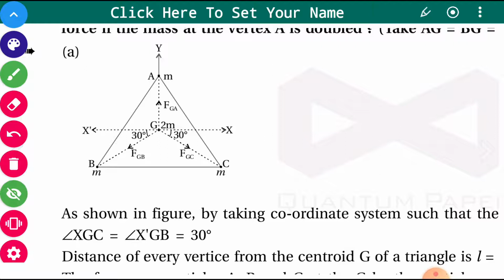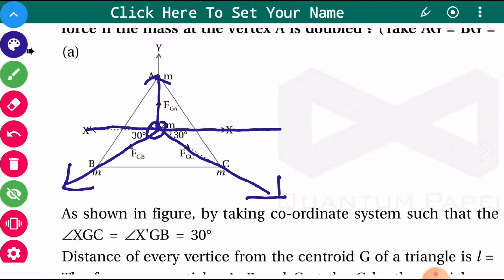So the first attractive force is in this direction, force due to B is in this direction, and force due to C is in this direction. Now we take the Cartesian coordinate system having its origin at G. So this becomes the x-axis and this becomes the y-axis.